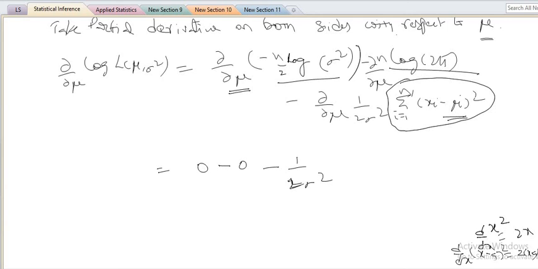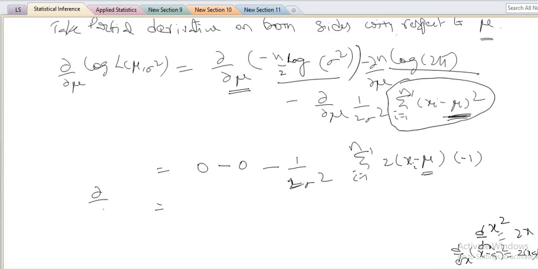In the same way, summation as it is, so 2 into (xi minus mu). Again we need to differentiate the inside with respect to mu; mu has a minus symbol, so you get minus 1.